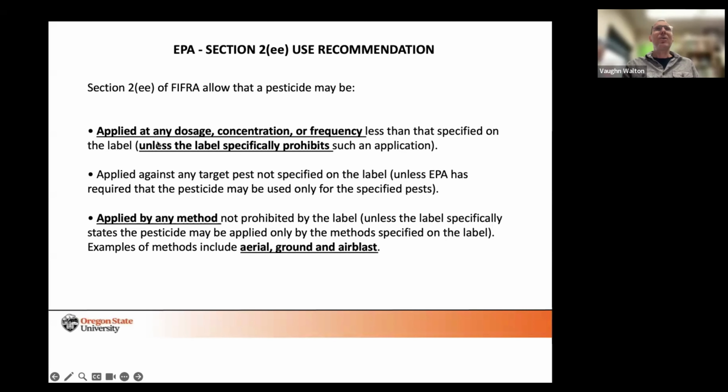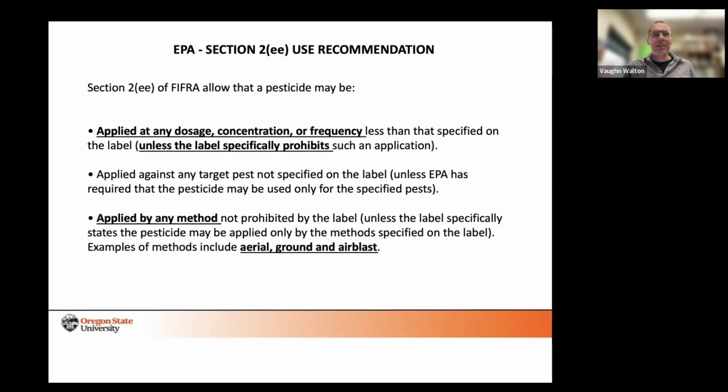So when you are tank mixing your attractant with your toxicant, what Section 2EE tells us is that if you apply that tank mix with the toxicant in it, you can apply that toxicant at any dosage or concentration or frequency less than that specified on the label.